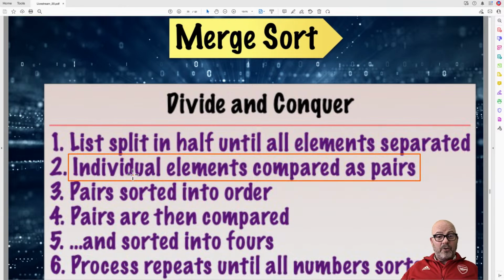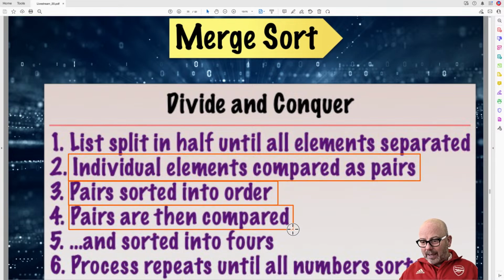You're then going to end up with a whole set of sorted pairs. That's the next bit: the pairs are sorted into order. They are compared, and then put together into 4s, then sorted, and then the 4s are put together into 8s.